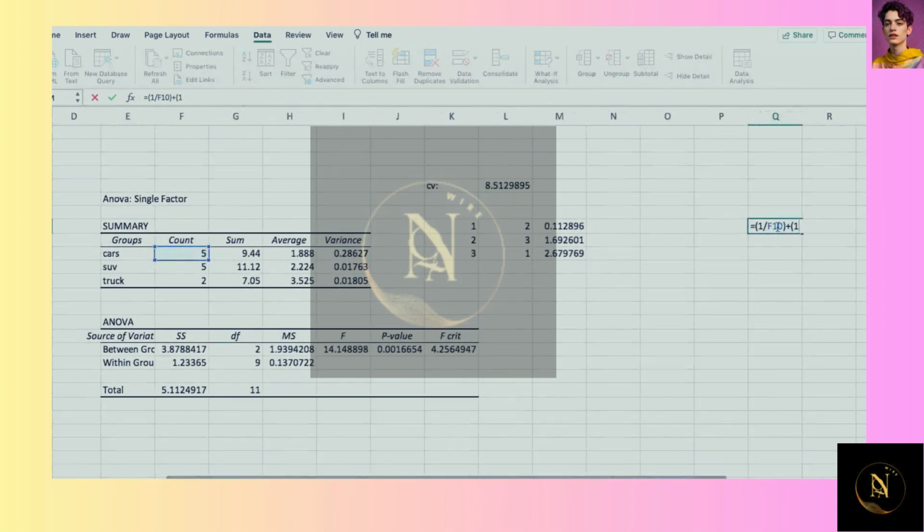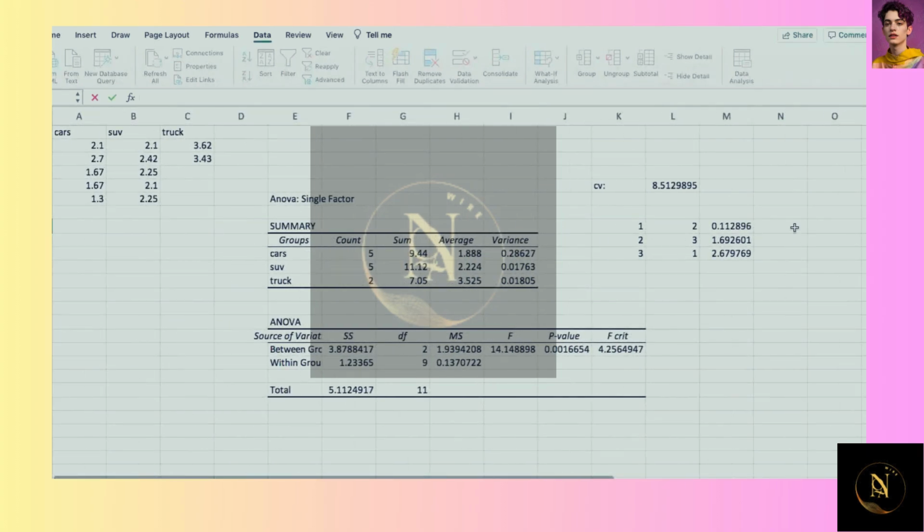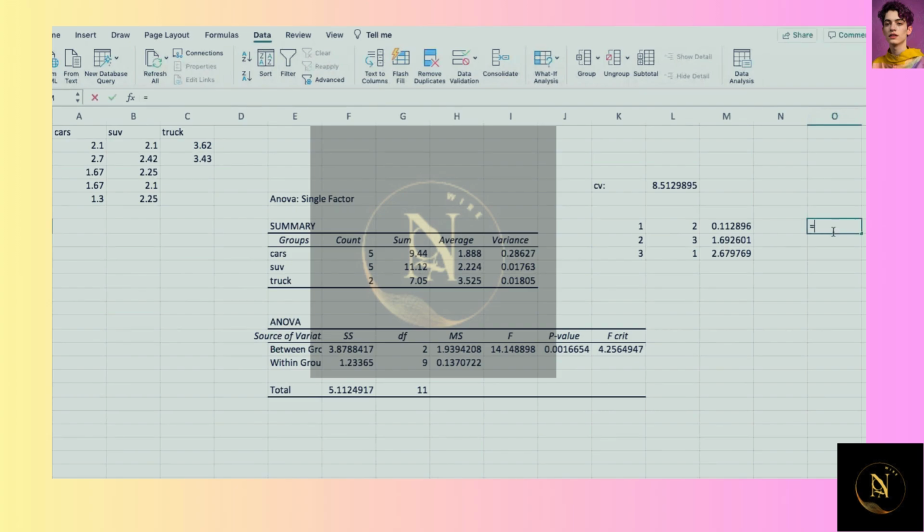Oh, I have this over a lot. Hang on. Let me just type that in again. Car. Okay, so I'm going to do that for the rest of them. So 1 over sample size for SUV plus 1 over sample size for trucks.